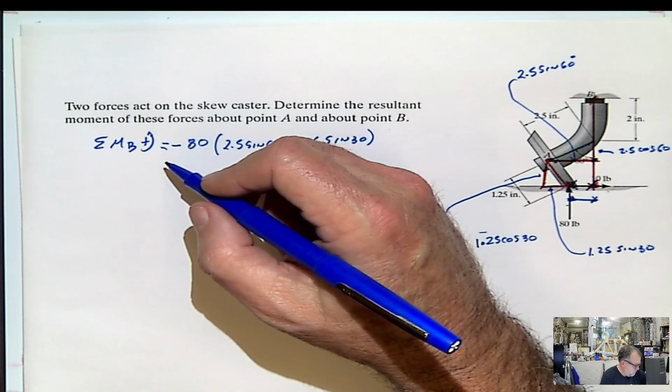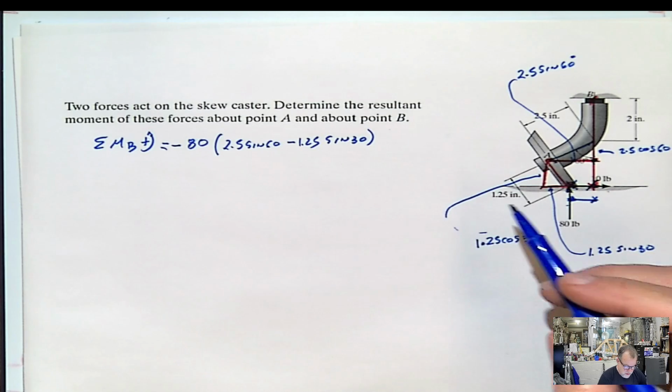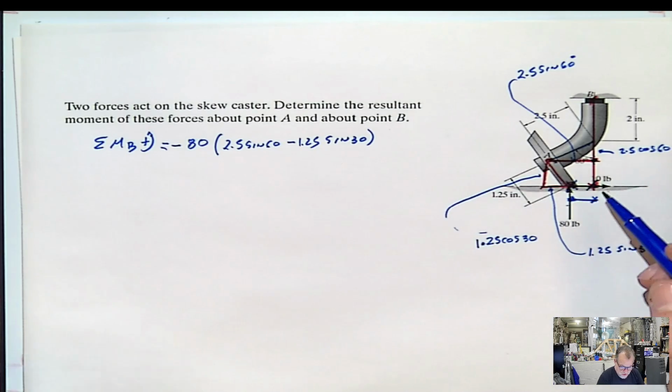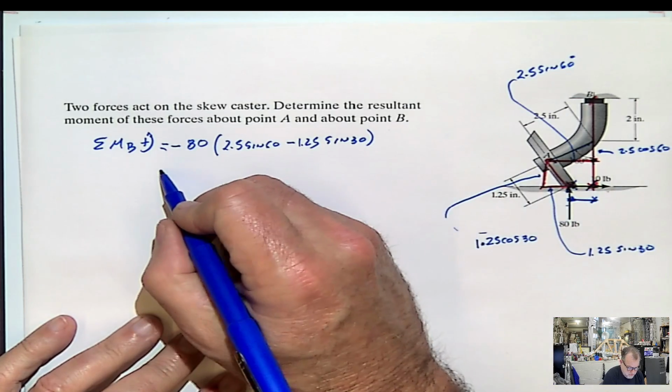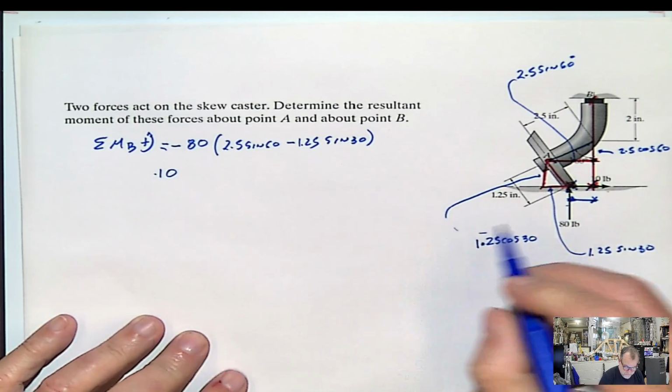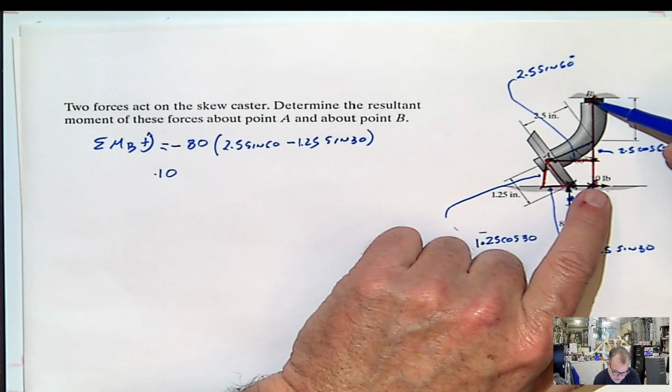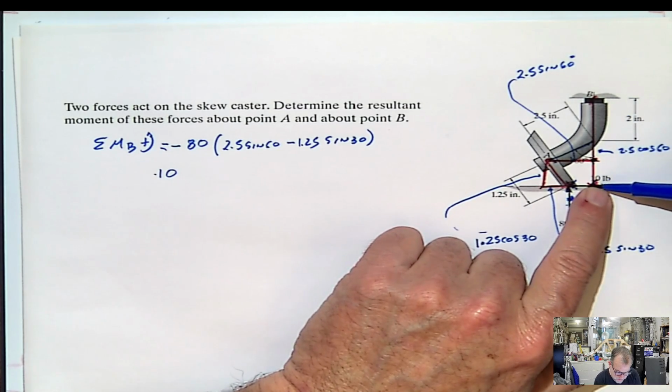Now, let's do the other one. The other one will be the force of 10, and I need the vertical distance from here to here.